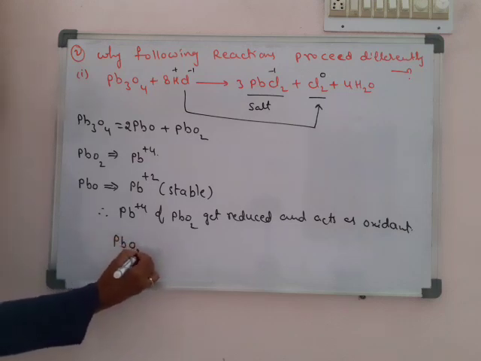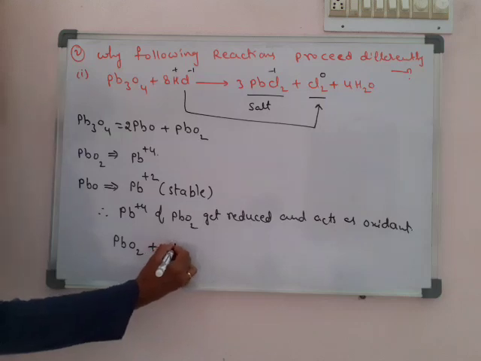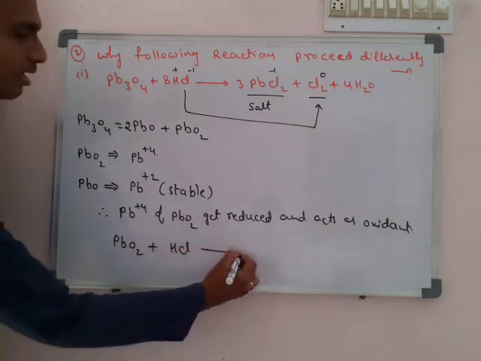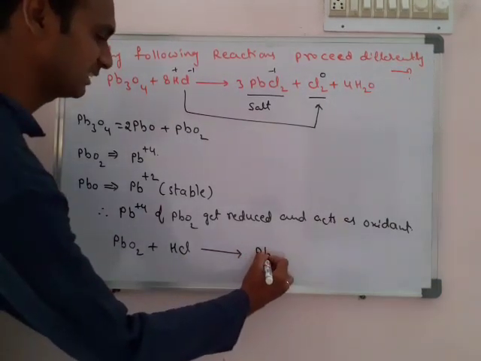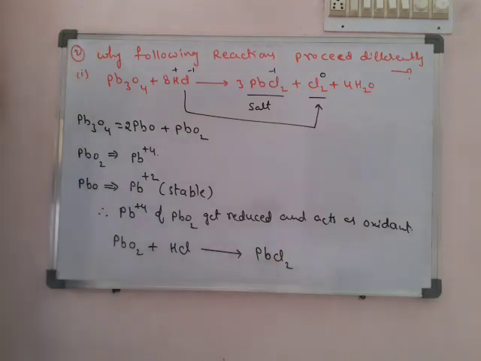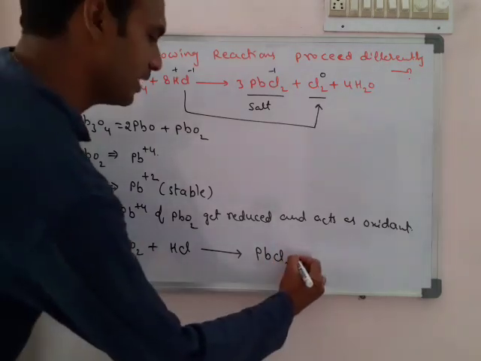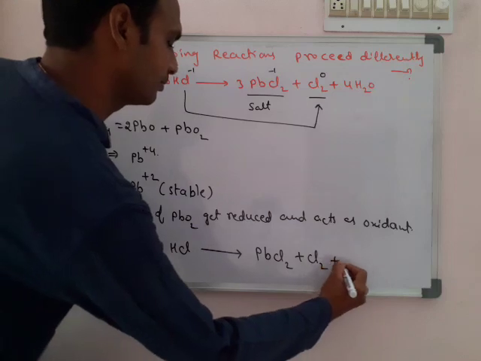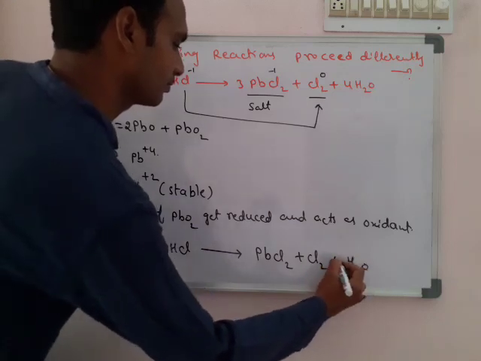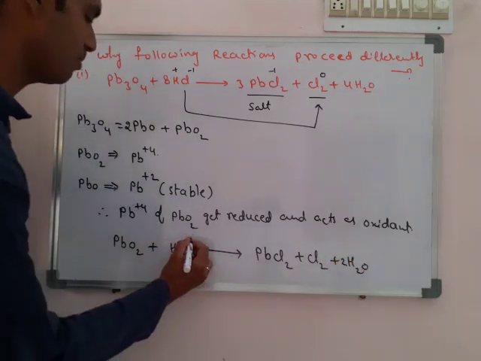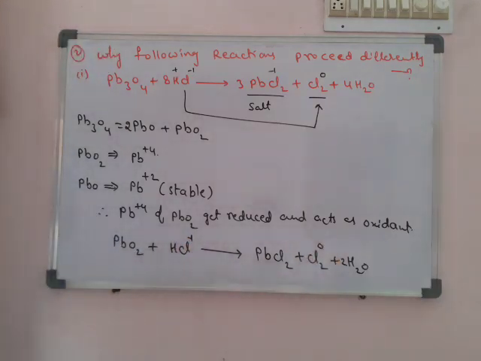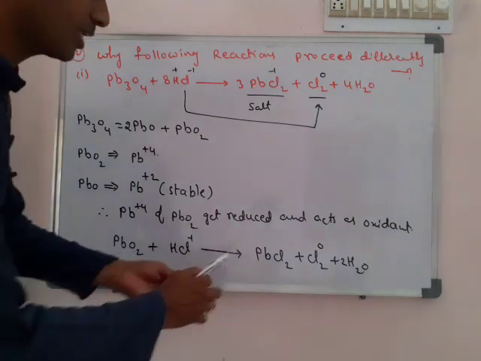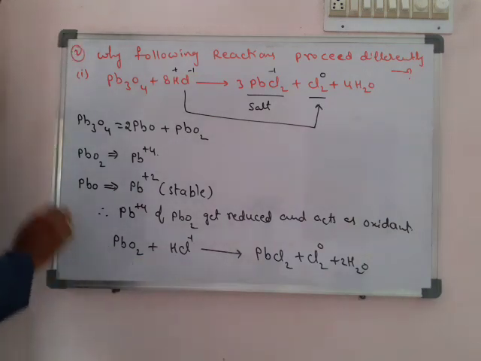The PbO2 combines with HCl and makes PbCl2 plus Cl2. Here Cl minus becomes 0. Here Cl minus is oxidized to Cl2 by PbO2.